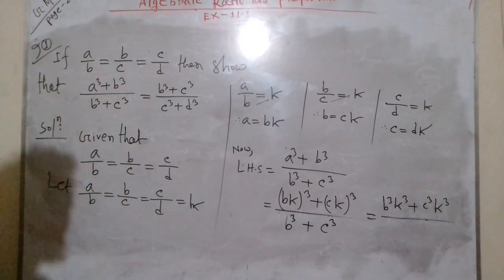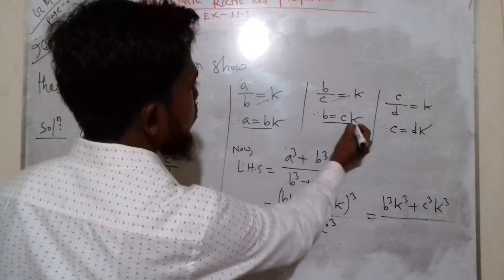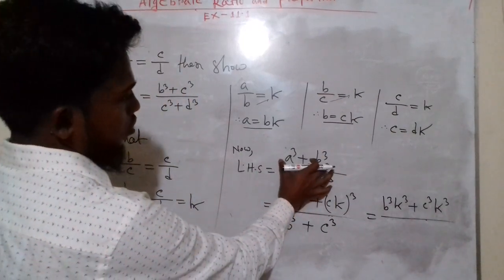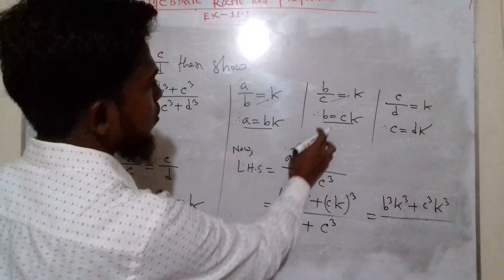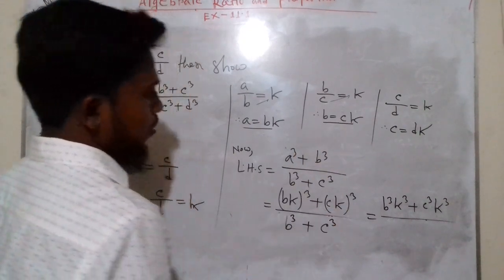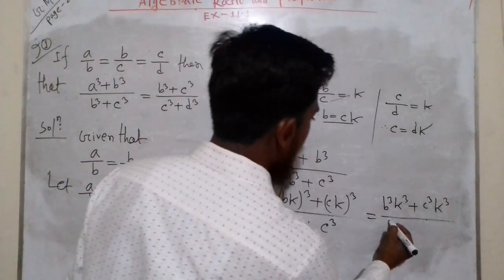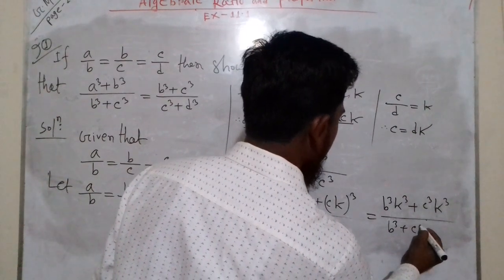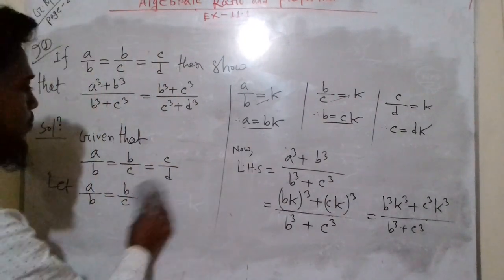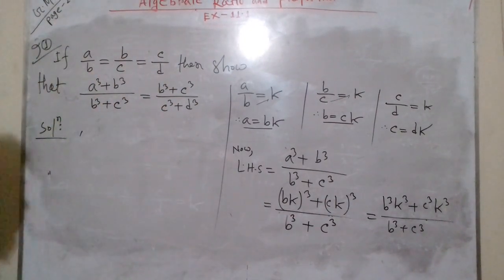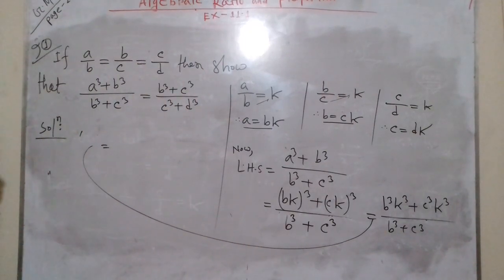Now put the value of a = bk and b = ck in the numerator part. So (bk)^3 + (ck)^3, which gives b^3 k^3 + c^3 k^3, divided by b^3 + c^3.